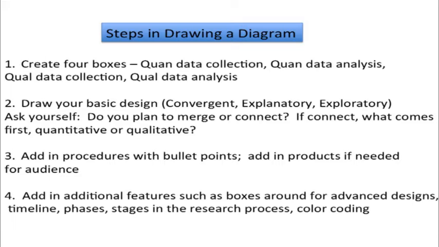I'm going to indicate some of the procedures at each step with bullet points, and then also with bullet points indicate some of the products at each one of the stages. And you'll see in some of these diagrams I'm going to show you that there's a timeline. We might indicate phases. You could even put color coding to indicate qualitative research is blue and quantitative research is green. So you can use color coding in some of these diagrams.